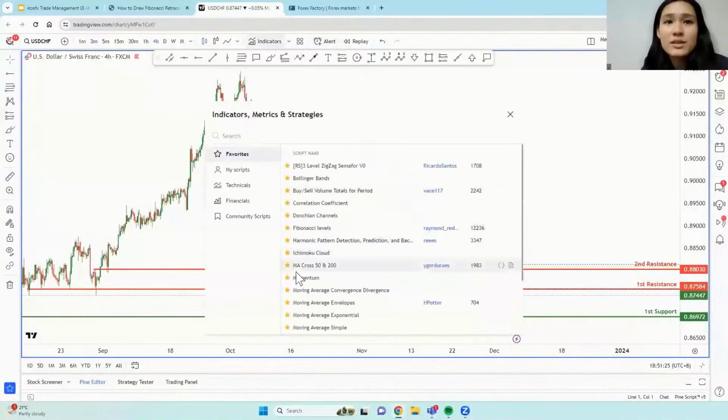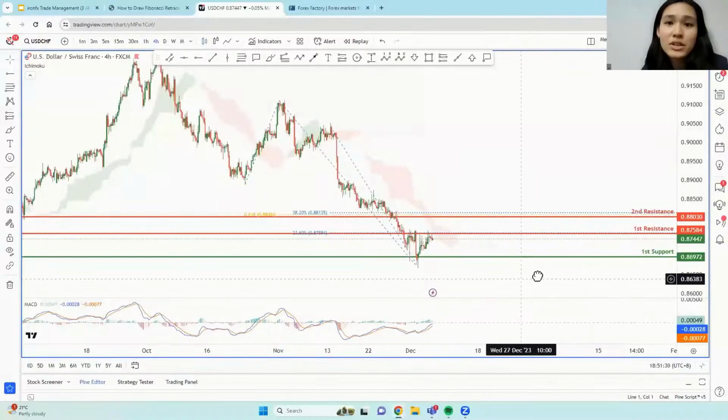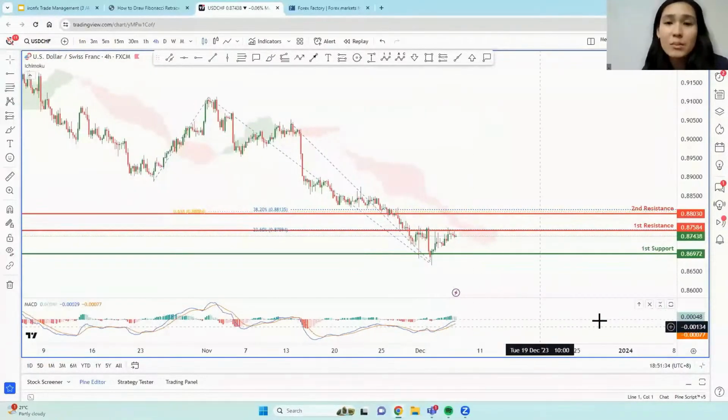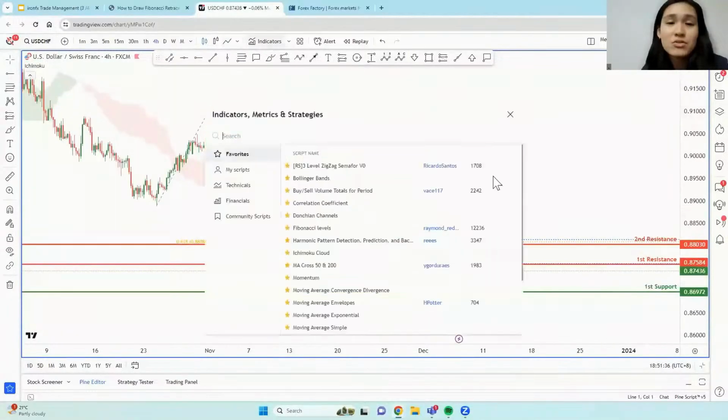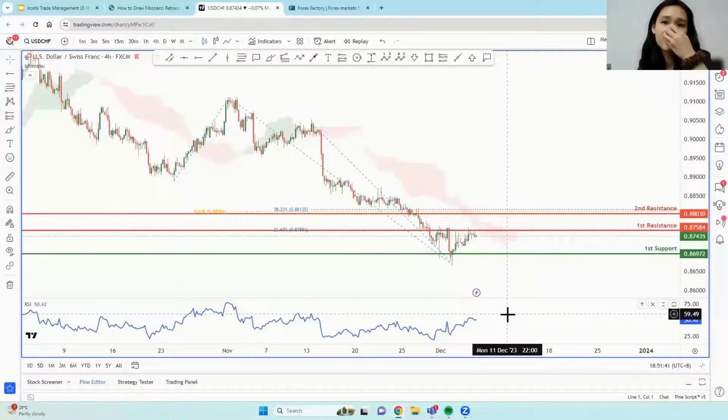Okay, now let's look at some indicators. So price is moving below our Ichimoku cloud, so it supports our bearish bias, and our MACD is giving us bullish, so we're going to remove that. Let's look at RSI.